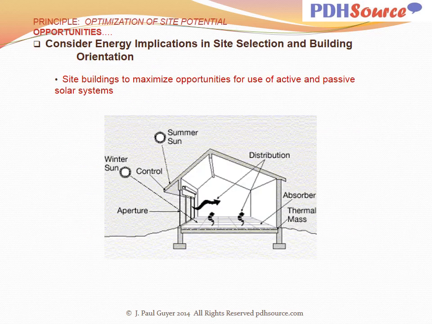Also, you would want to pay attention to the possibility that future development around your building may have some impact on your site. This is just a little sketch of the typical elements in a building if you are going to try to take advantage of the solar energy from the sun to passively heat the interior of your building in the winter when you want heating.